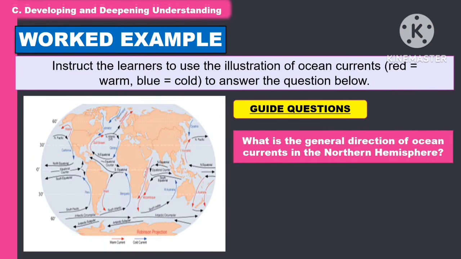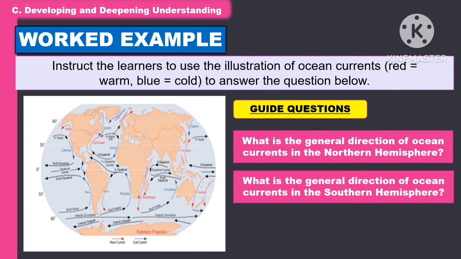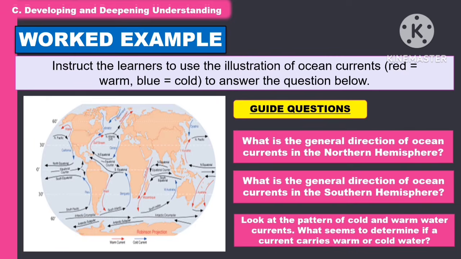For the work example, instruct the learners to use the illustration of the ocean currents to answer the questions below.